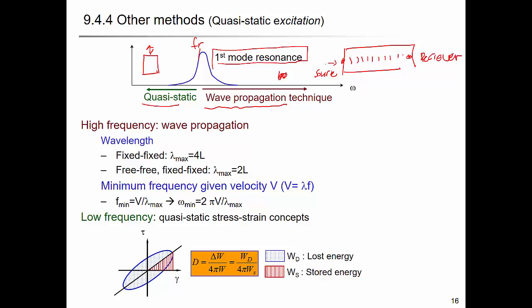You can picture this with the frequency dependent behavior. At high frequency, it's a wave propagation behavior, and at low frequency, it's a quasi-static stress strain concept. From this, you can calculate the damping, and from the slope, you can get the stiffness, right? Stress strain curve.